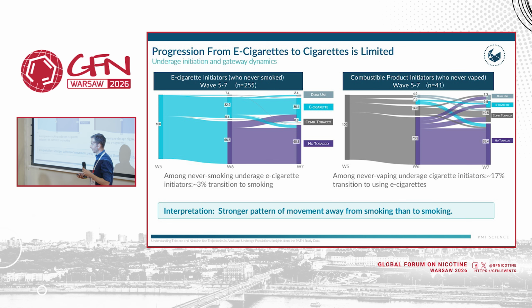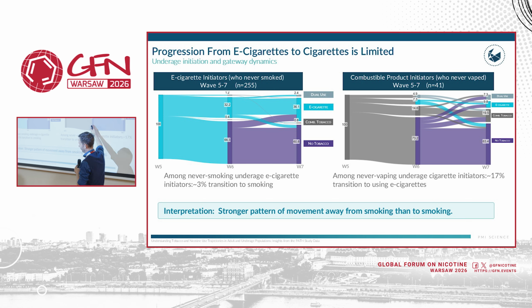As a naive statistician and not a behavioral scientist, this indicates to me that I, as a tobacco harm reduction scientist, don't really need to be worried about this. Because if we were to see 100% of e-cigarette users and 80% of them moving to tobacco, then this would indicate, yes, there is a strong gateway effect, but we don't see such a huge transition. Out of 100% of them, 3% would consume tobacco.